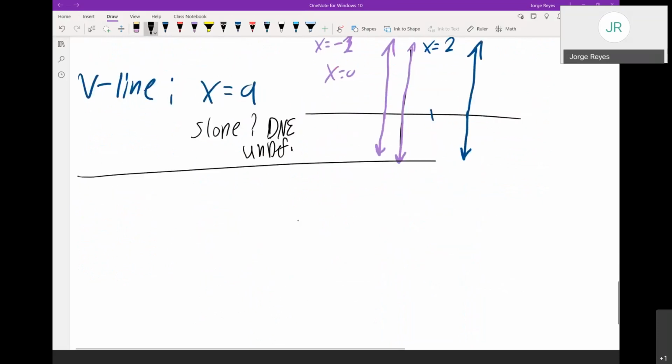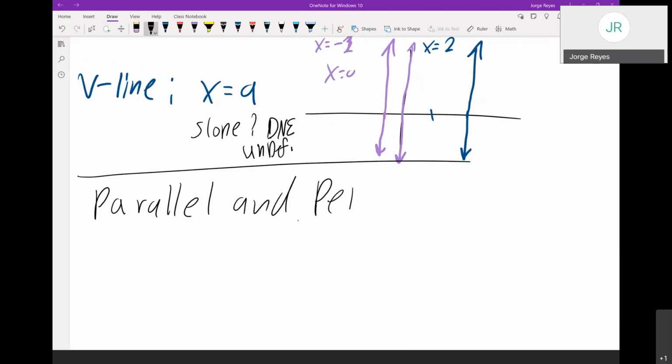This is the last part of the section and possibly the most important part, because guaranteed this will show up in the future. Perpendicular lines. You need to be able to know when lines are parallel and perpendicular and how to make them.